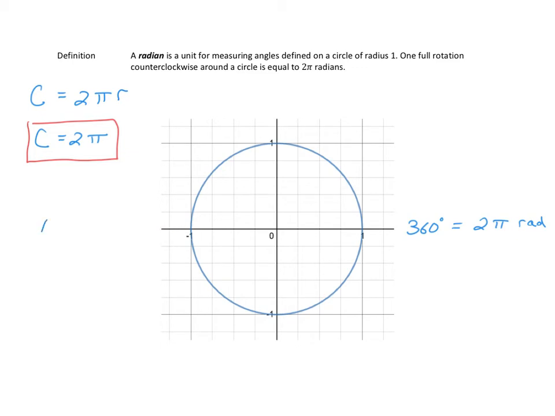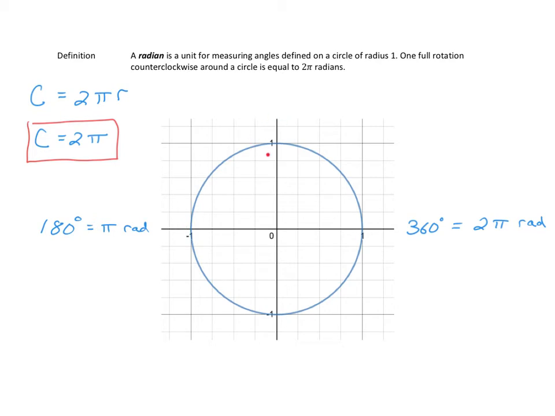So you can just take 360 and divide it by 2. Well, you can do the same thing to your radians. You could take 2 pi and divide it by 2, and what you get is pi. It looks strange, but 180 degrees is going to be the same thing as saying we went pi radians around this circle.